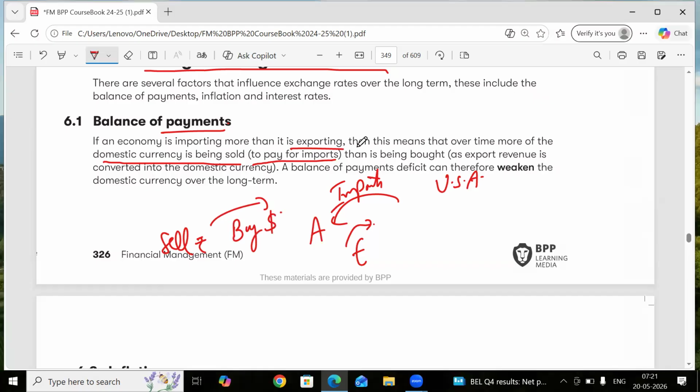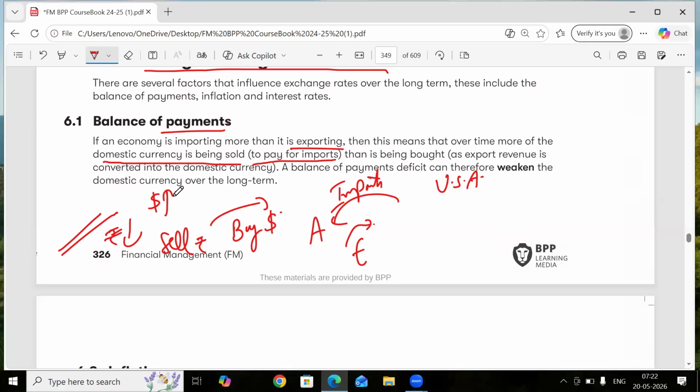Yes or no? If you sell more and more home currency, more rupees, rupee will fall and dollar will appreciate, because rupee supply is more and dollar demand is more. You want to buy more dollars, so you need to sell more rupees.